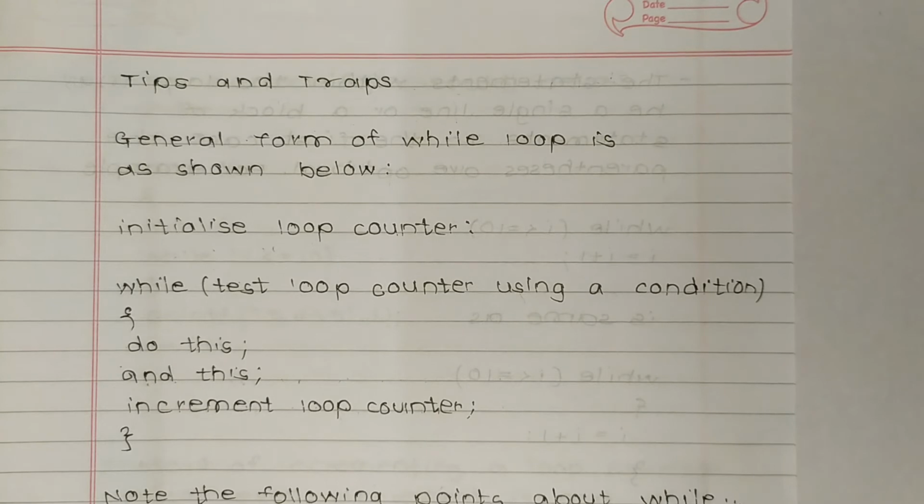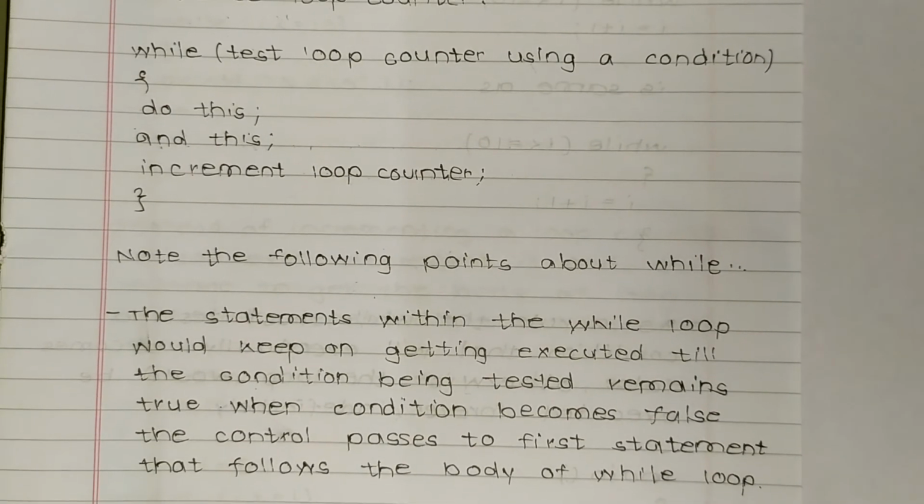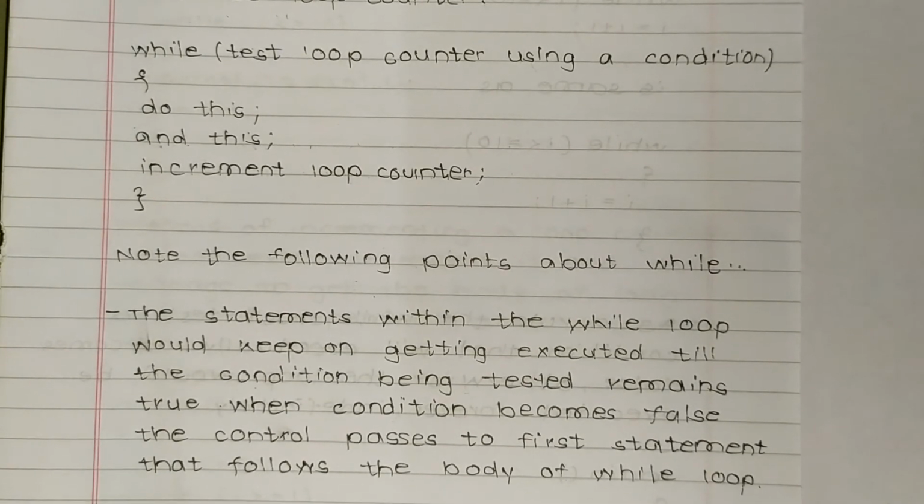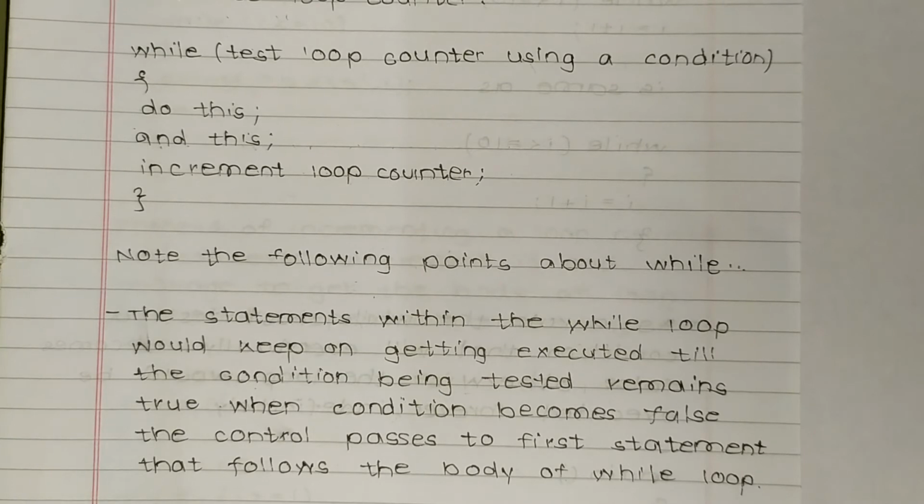Tips and traps. The general form of while loop is as follows: initialize loop counter. Then while, test loop counter using a condition, that means do until a certain limit. Then do this and this, and increment loop counter.